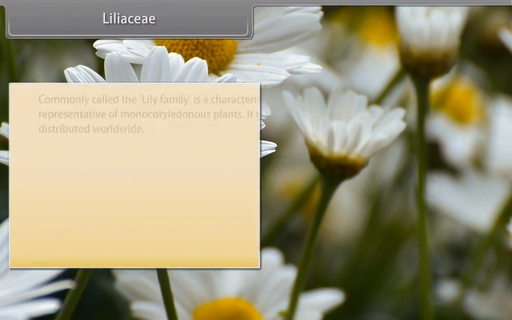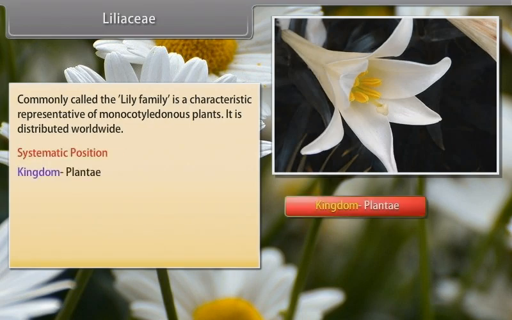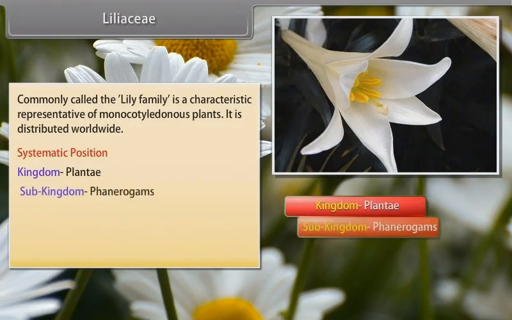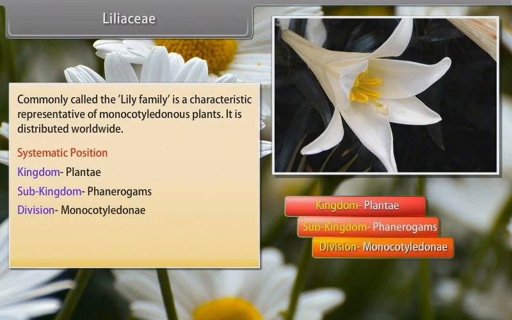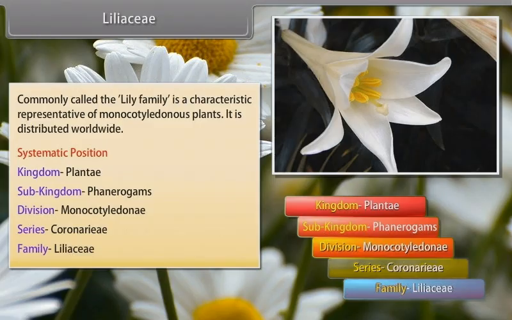Liliaceae, commonly called the lily family, is a characteristic representative of monocotyledonous plants. It is distributed worldwide. Systematic position: Kingdom Plantae, Subkingdom Phanerogams, Division Monocotyledonae, Series Coronariae, Family Liliaceae.